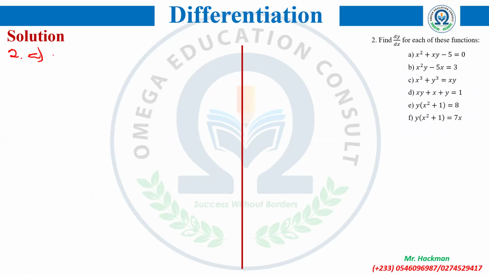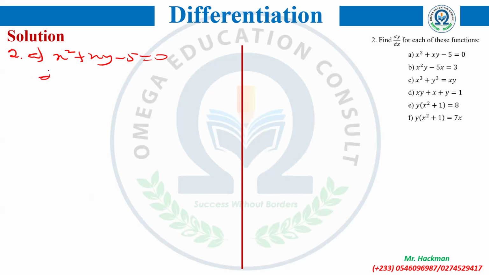What are we given? x squared plus xy, then minus 5 is equal to 0. Remember, you are differentiating with respect to x, so you should know your operator. Your function here is not an explicit function, it is implicit, because y is not made the subject. So you don't go and write dy/dx of this.